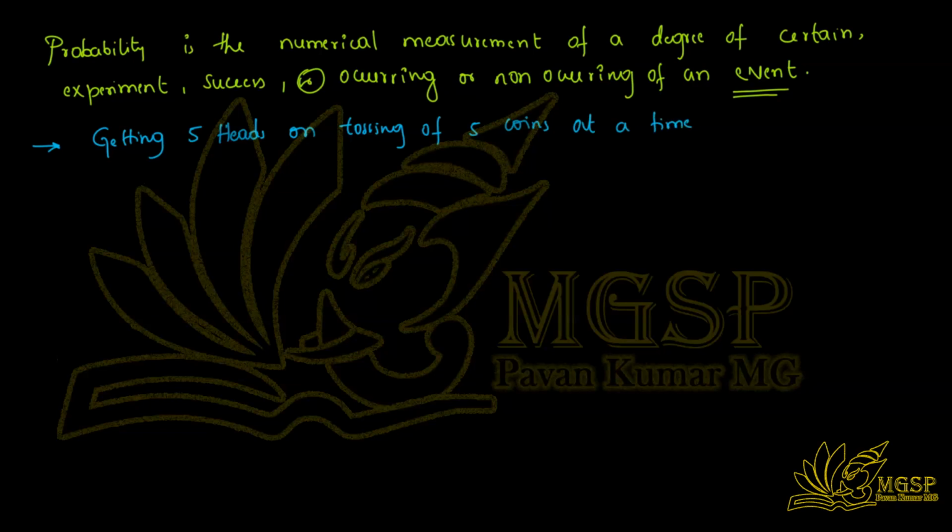These are some probabilities. There also you can generally say, it may rain today, or it's likely to rain today. So these are some of the examples.